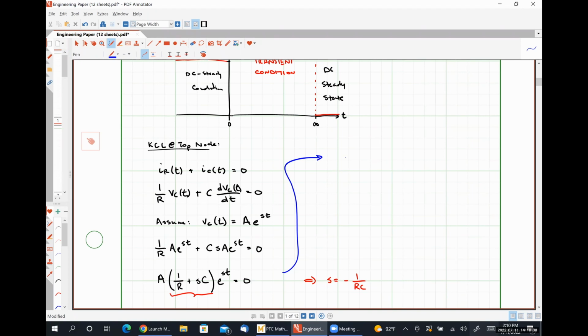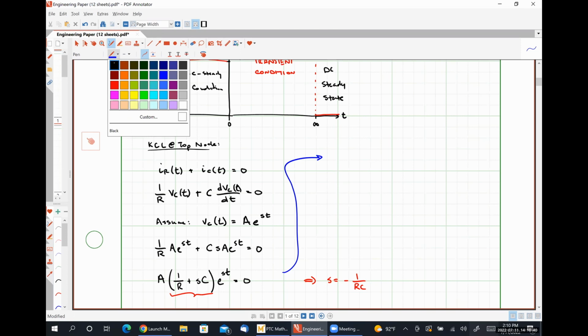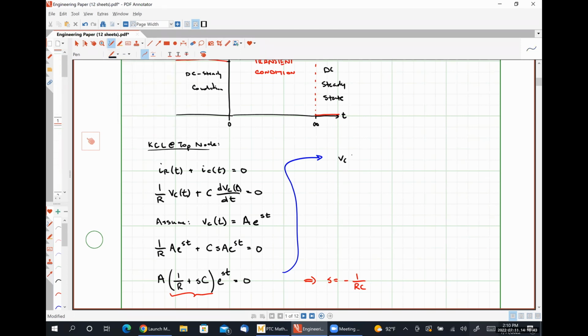We now know that VC of t is A e to the negative t divided by RC volts. To figure out what A is, we evaluate our expression when t is equal to 0.